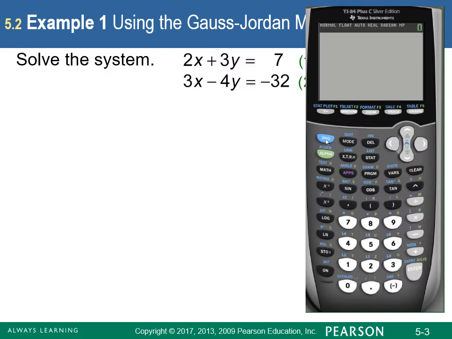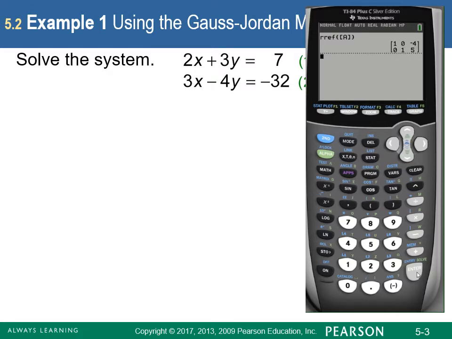We will again do second matrix, only this time we'll go to the math menu and scroll down until we get to the RREF. Now remember, there is an REF that is not what we want. And then we do second matrix and choose the matrix that we just typed. The parentheses at the end is actually optional.